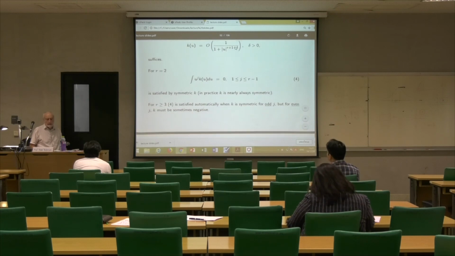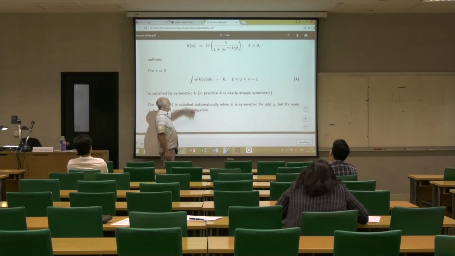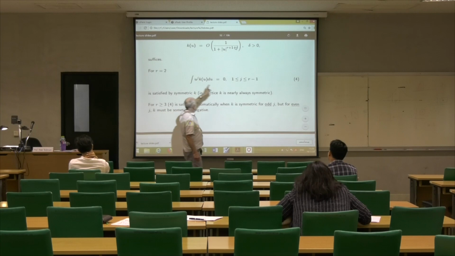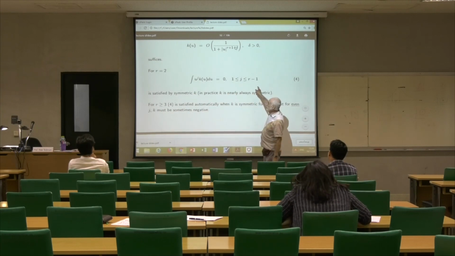Now, the point is this, supposing R equals 2 only, then this condition is pretty innocuous because in that case, this has only got to be true for j equal to 1, because r minus 1 is 2.